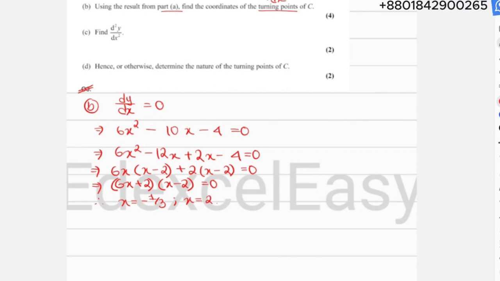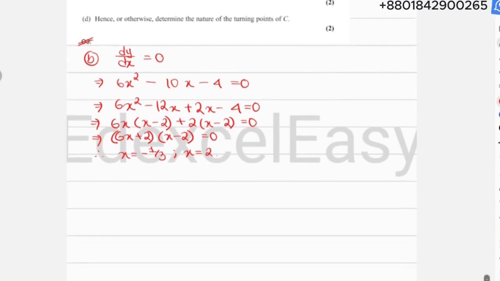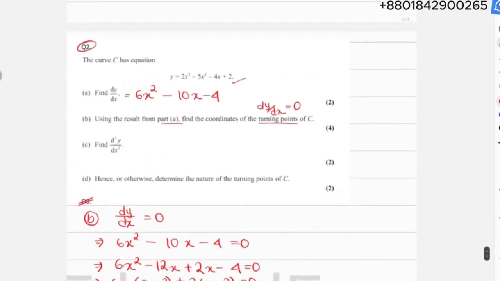Okay, after this, we need to find out the coordinates, right? For the coordinates we also need the y coordinate, right? These are only the x coordinates for the turning points. In order to find out the y coordinate, I'll input these values for x into the original equation for y. The original equation of y was 2x cubed minus 5x square minus 4x plus 2.